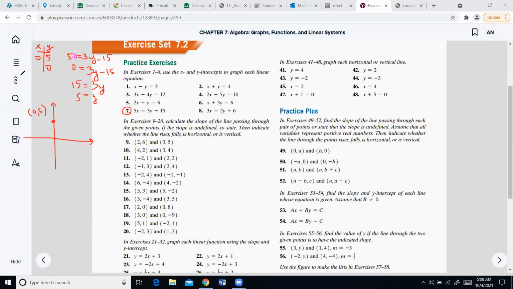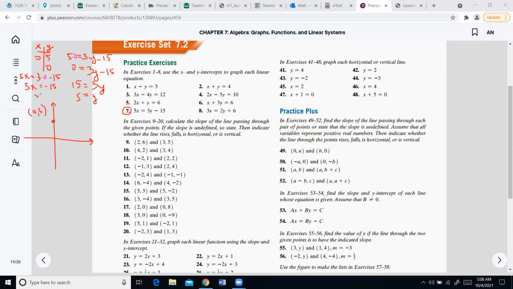So I'm going to take this equation once again, 5x is equal to 3y minus 15. And now instead of y, I'm going to substitute a 0 right here and find what the x-axis intercept is. So I'm going to have 5x is equal to negative 15.